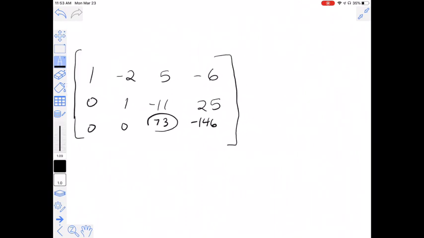so we're almost there. The next step is to get that to be a 1. So if I multiply the whole row by 1 over 73, that should do it. So row 3 is going to be multiplied by 1 over 73. That's going to give me a new row 3.